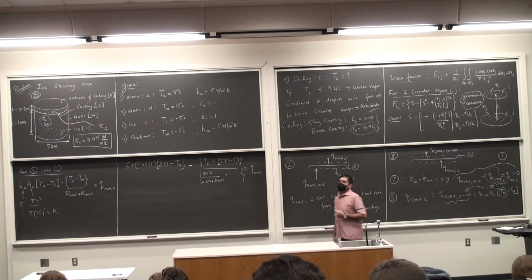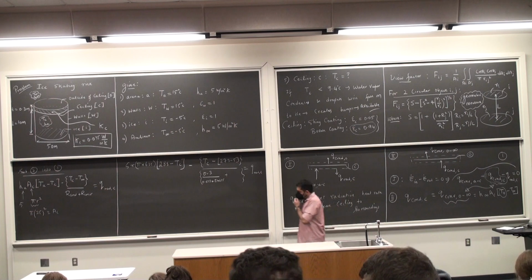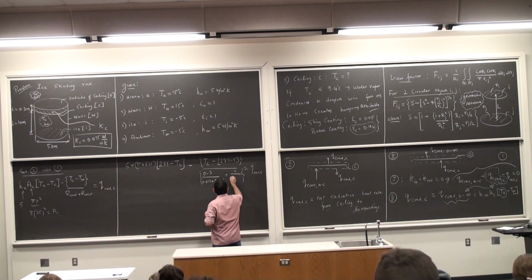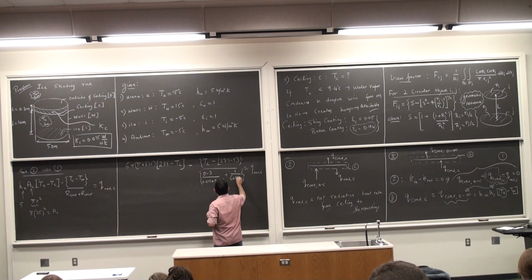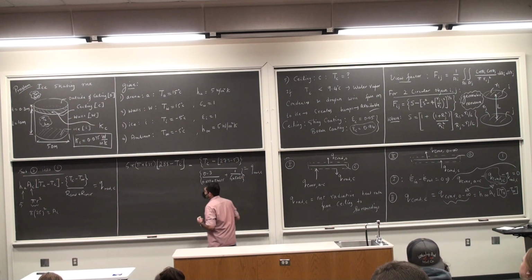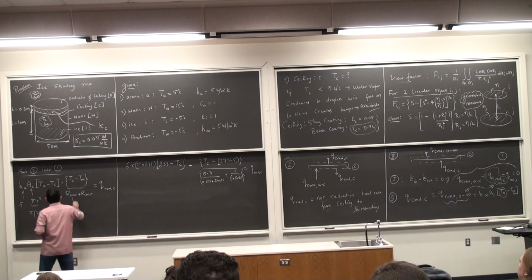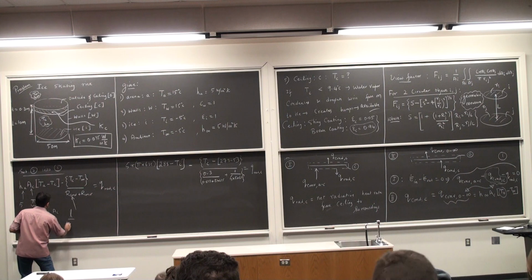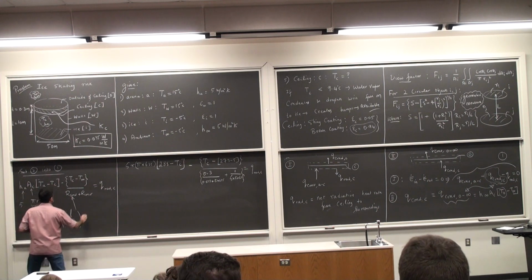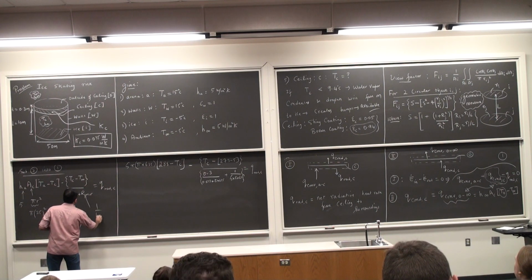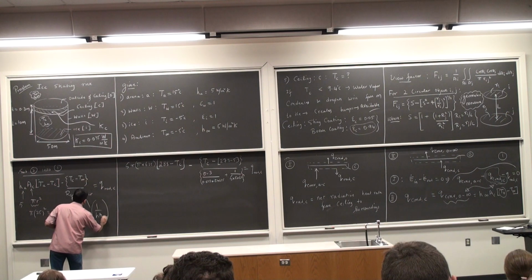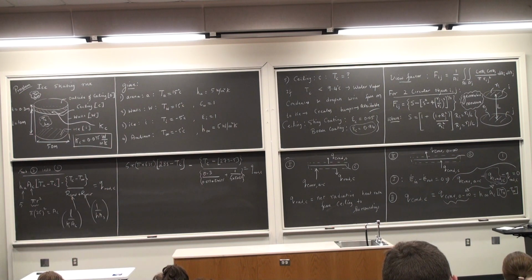Convective resistance is 1 by hA, so that's 1 by 5 times 625. So just to refresh memory, this is L by kA, and 1 by h times the surface area available for heat transfer.